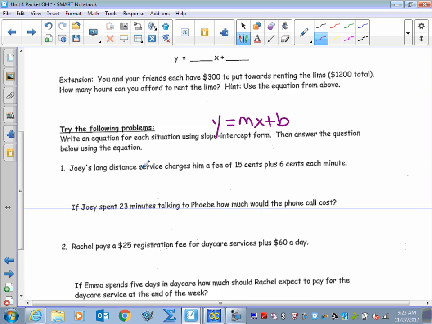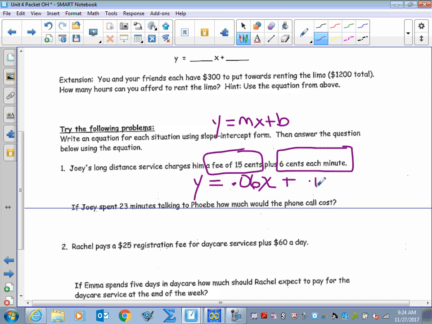Joey's long-distance service charges him a fee of 15 cents plus 6 cents each minute. So here's my rate of change, 6 cents each minute. We're going to write 6 cents as 0.06x. Plus, there is a fee of 15 cents. So that's plus 0.15.